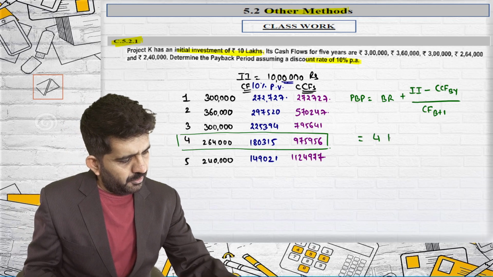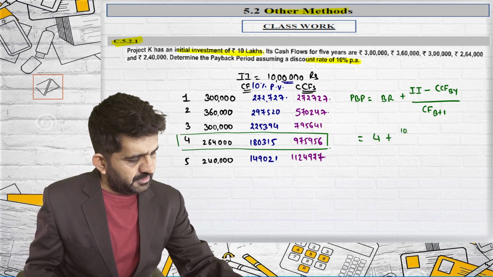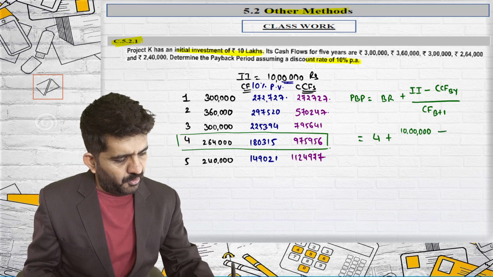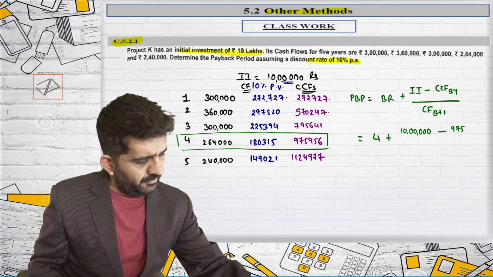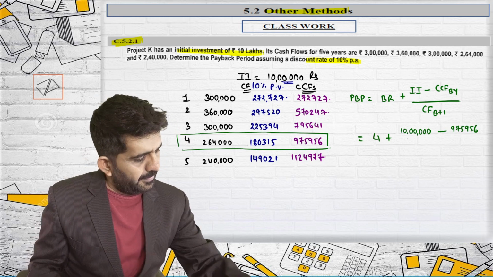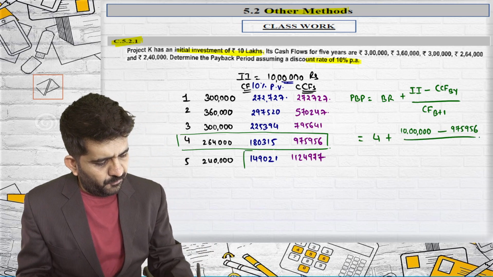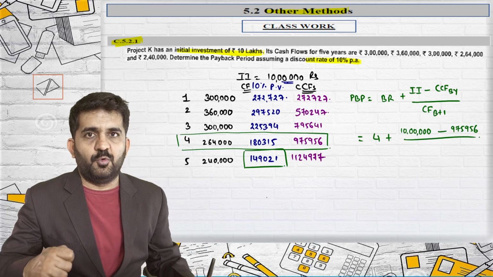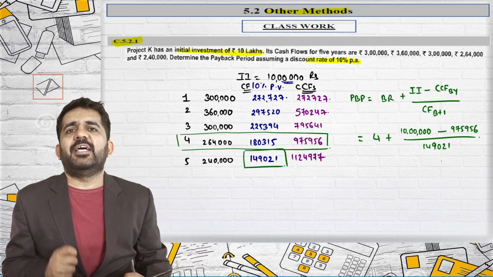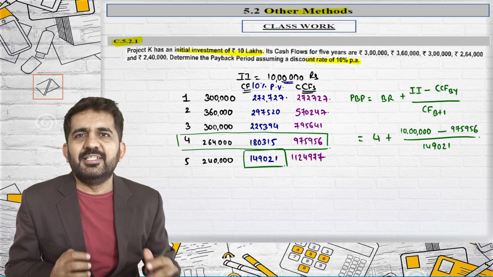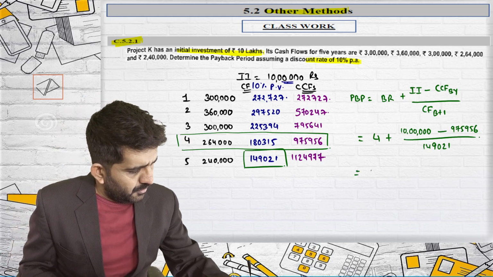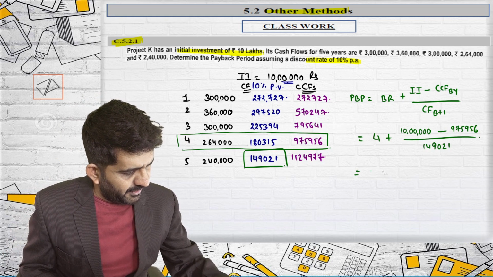Base year is 4 plus initial investment is 10 lakhs minus cumulative cash flow for base year, 975,956, divided by cash flow for base plus 1 year. Base is 4 plus 1 is 5, 149,021. As I told you, you can even do it logically. This is just a formula by which in examination you can do it very fast. 4 plus, I will be directly finding out the answer.